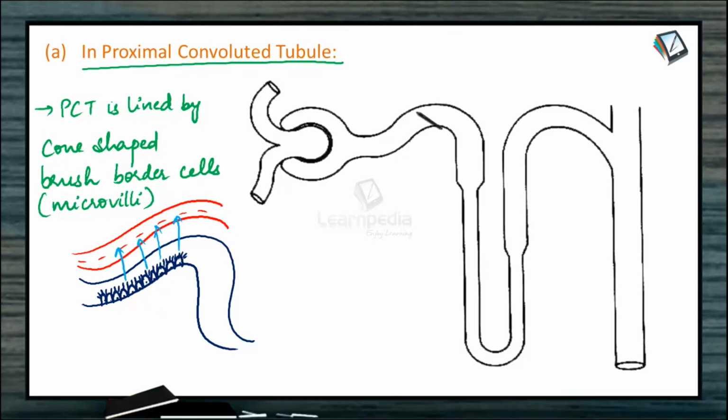Coming to the proximal convoluted tubule, 65% of water is reabsorbed back into the blood from the proximal convoluted tubule. 65% of the ions such as Na+, K+, sodium ions, potassium ions are reabsorbed back into the blood by sodium-potassium pumps through symporters.